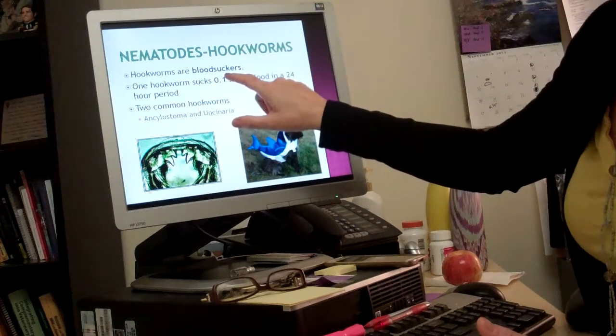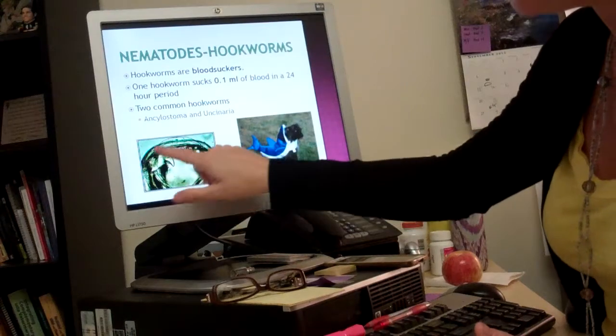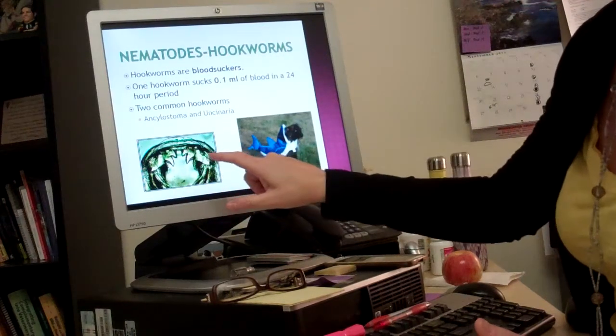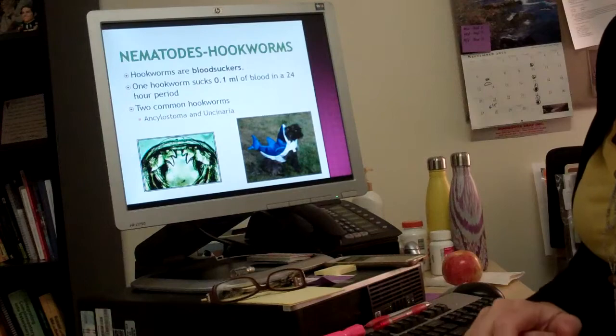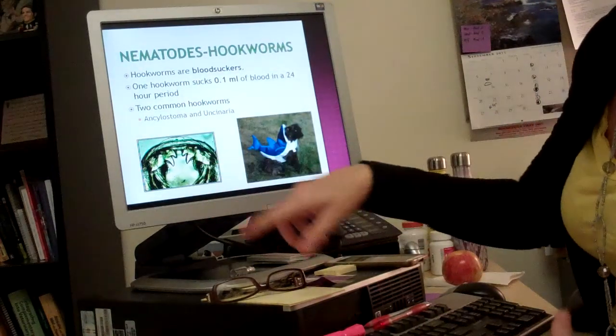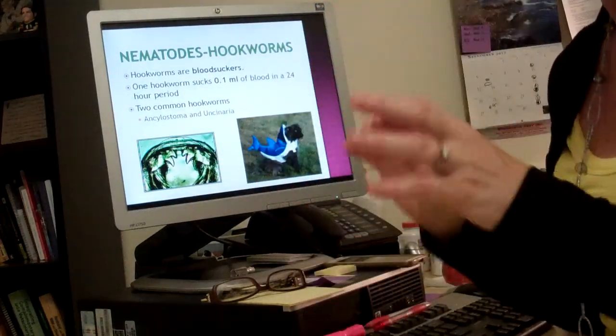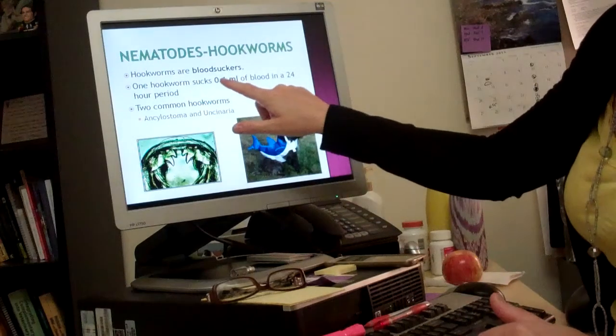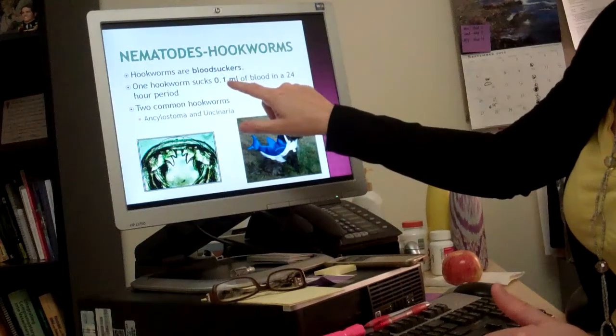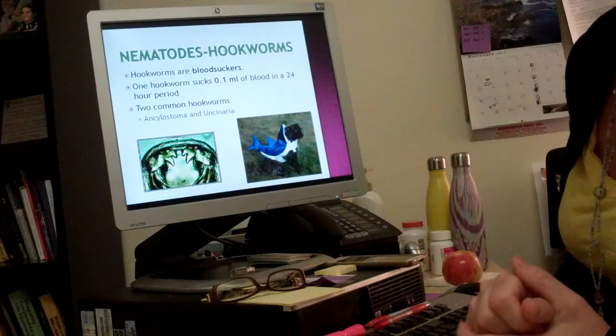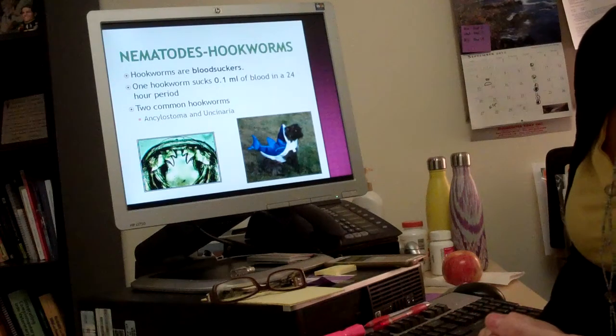Roundworms do not. Here is the head of an adult hookworm, and it has these little teeth-like mechanisms. So these teeth, when they're hungry for blood, will latch onto the intestinal wall, and they have the capability of sucking 1/10 ml of blood in a day.